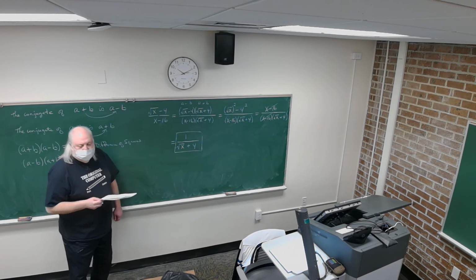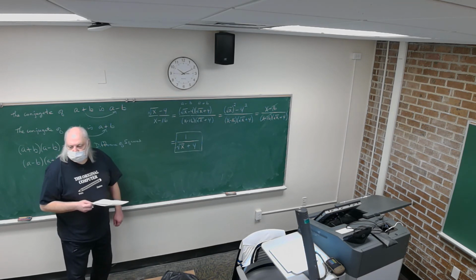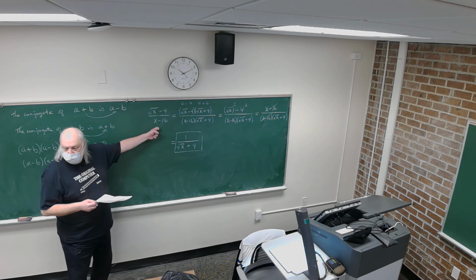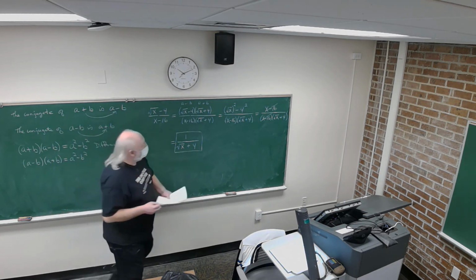What can't x equal in this case? Original expression. What value of x makes the denominator equal to 0? Somebody, anybody. Can you tell? Yeah, 16. Shout it out. Don't be bashful.